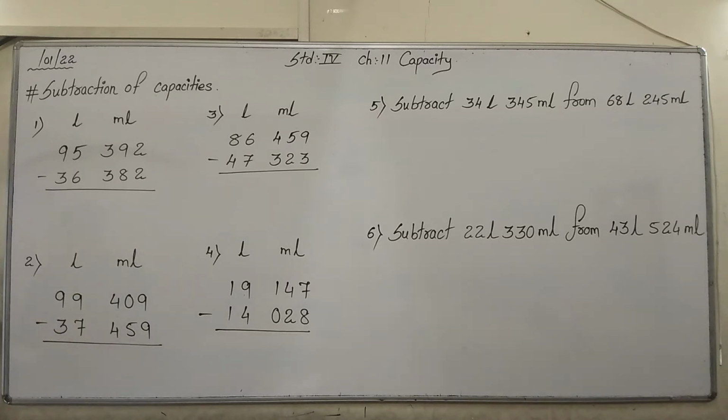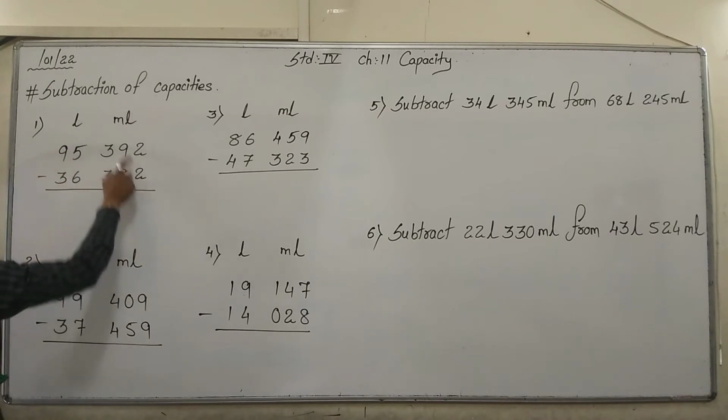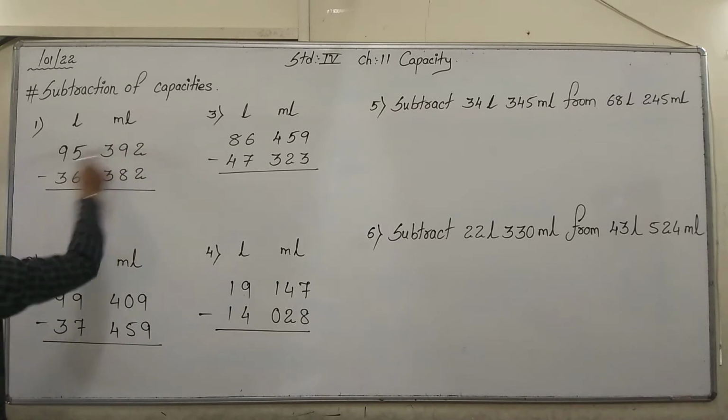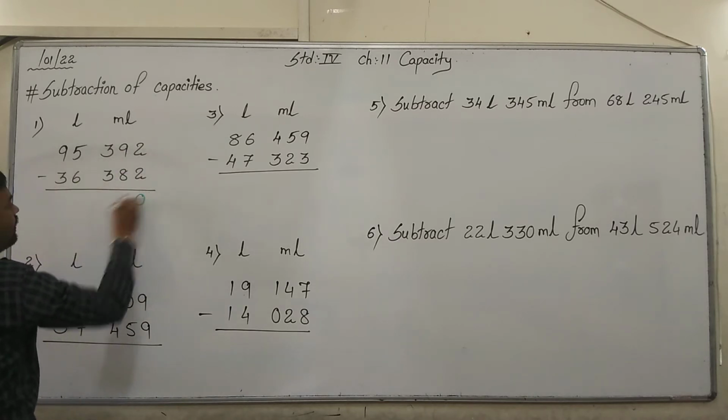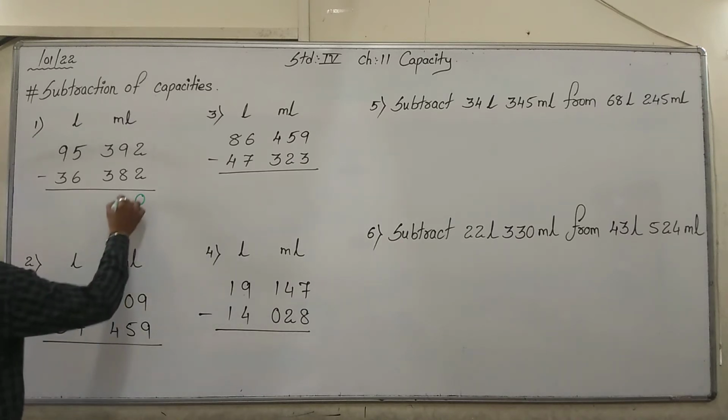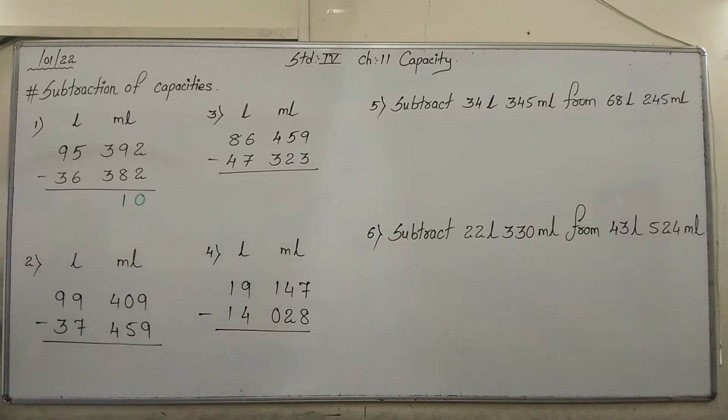The first one: 95 liters 392 ml minus 36 liters 382 ml. So let's perform the subtraction. 2 minus 2, it will be 0. 9 minus 8, it will be 1. 3 minus 3, it will be 0. 5 minus 6 is not possible, so 9 will become 8 and 5 will become 15.